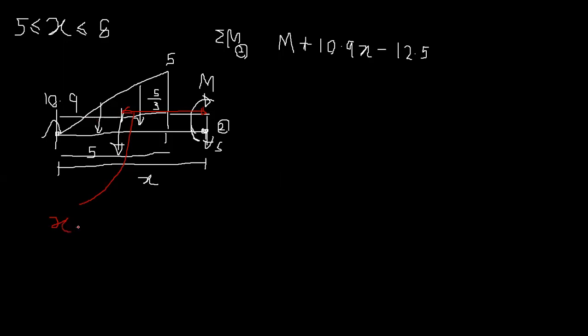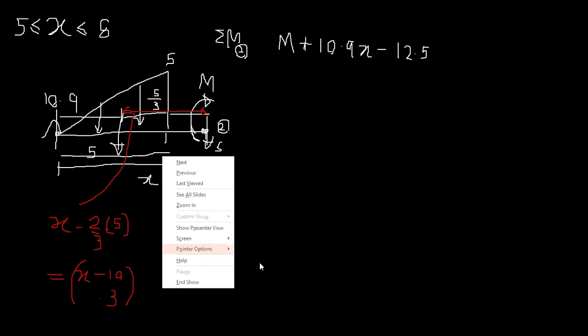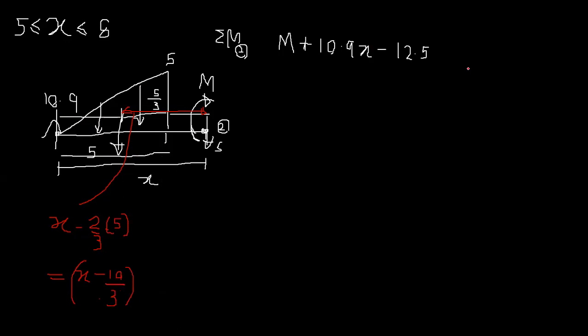This is 2/3 of 5 over 3. 2/3 of 5, right? 2/3 of 5. So that's going to be 10 over 3. Right? 10 over 3.